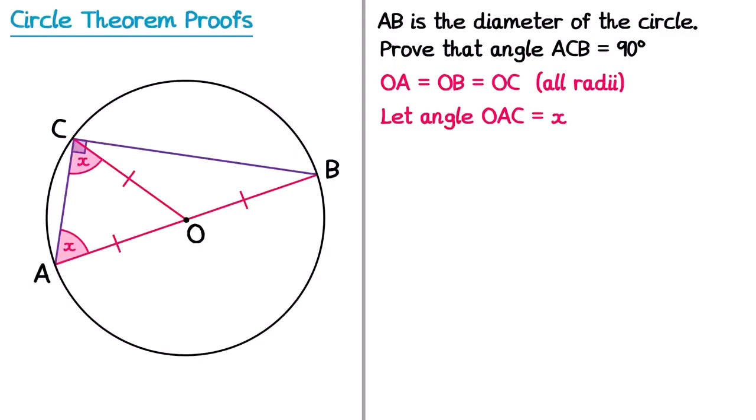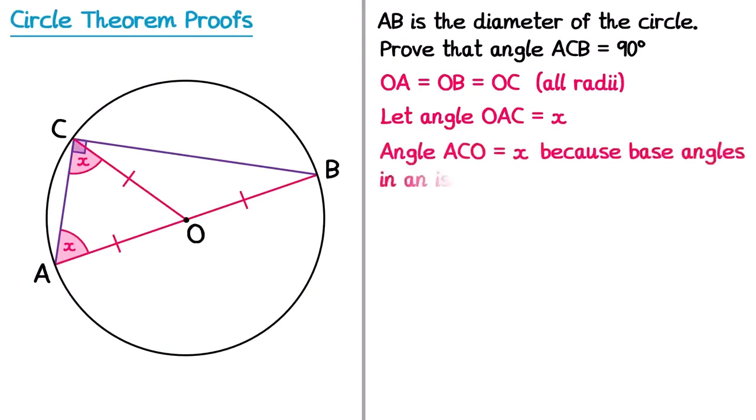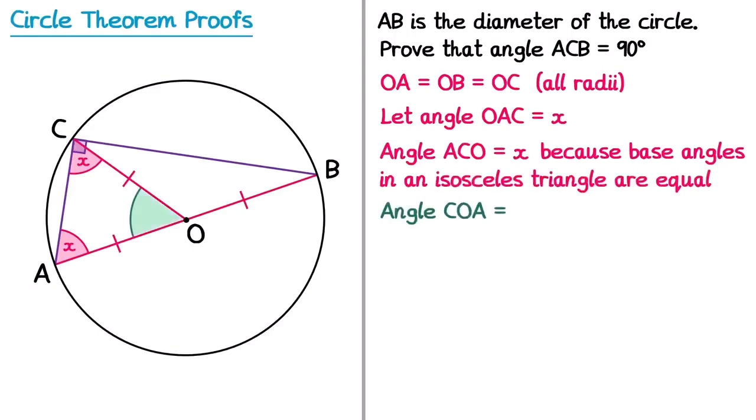So remember, everything we mark onto this diagram we're going to write down in words as well. So we need to explain that angle ACO is also equal to X and give a reason for that. That's because the base angles in an isosceles triangle are equal. Next we're going to look at this angle here, which is angle COA.